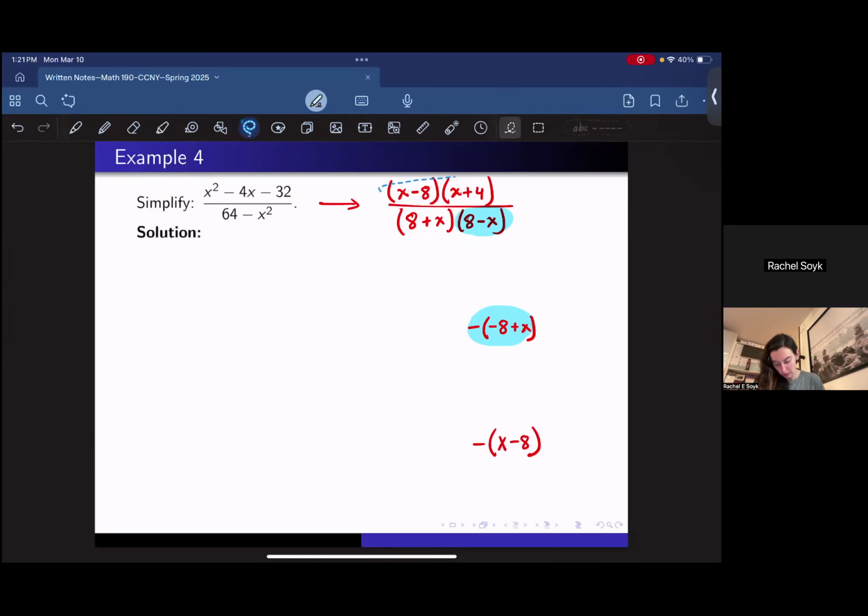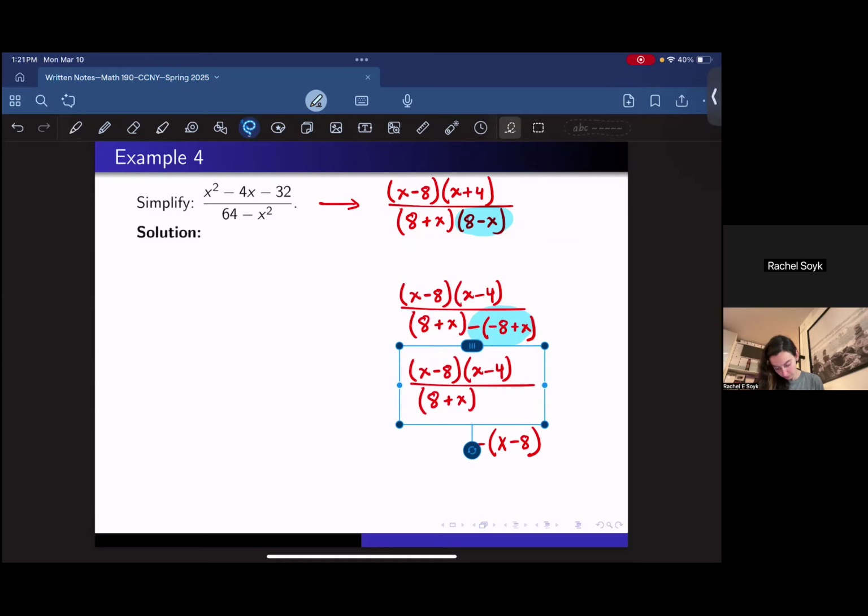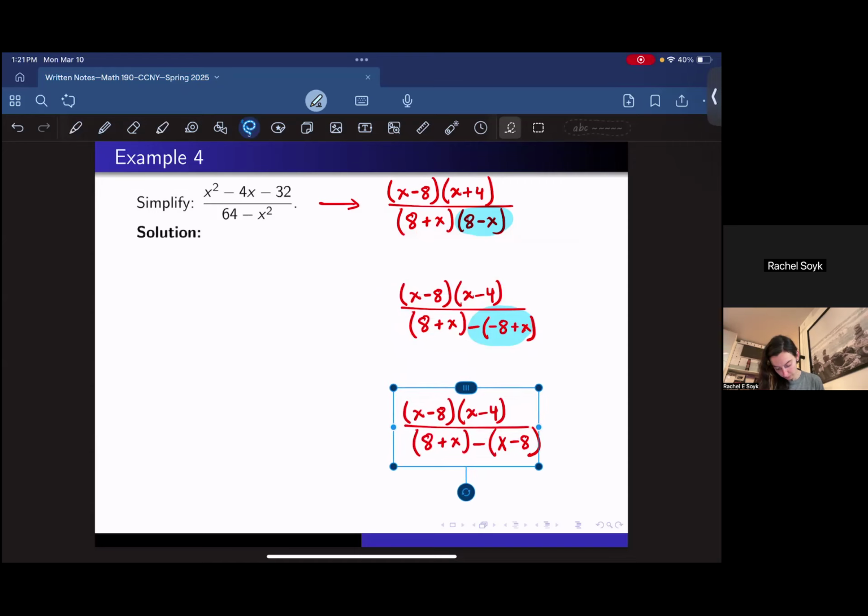So we can rewrite everything else to be exactly the same. Again, this is multiplication, it's not a minus. This too.